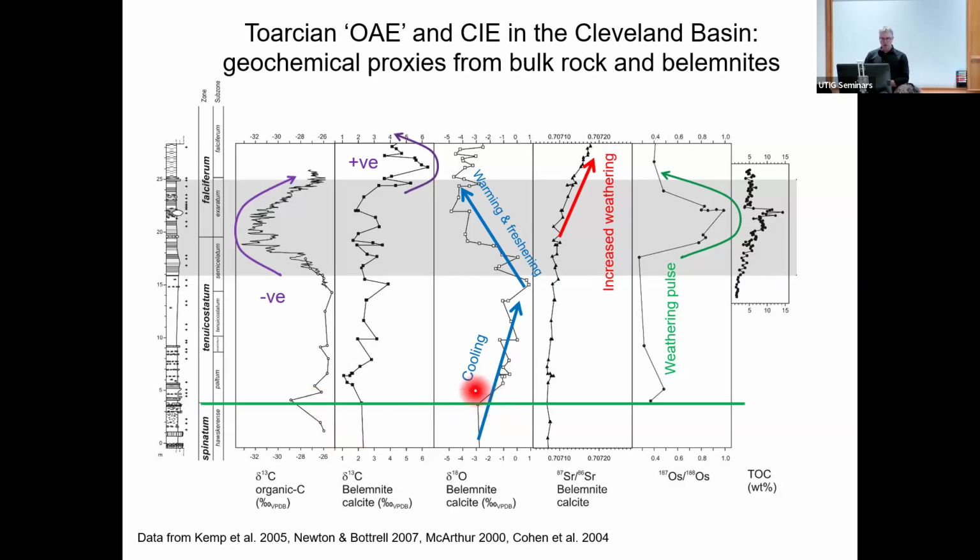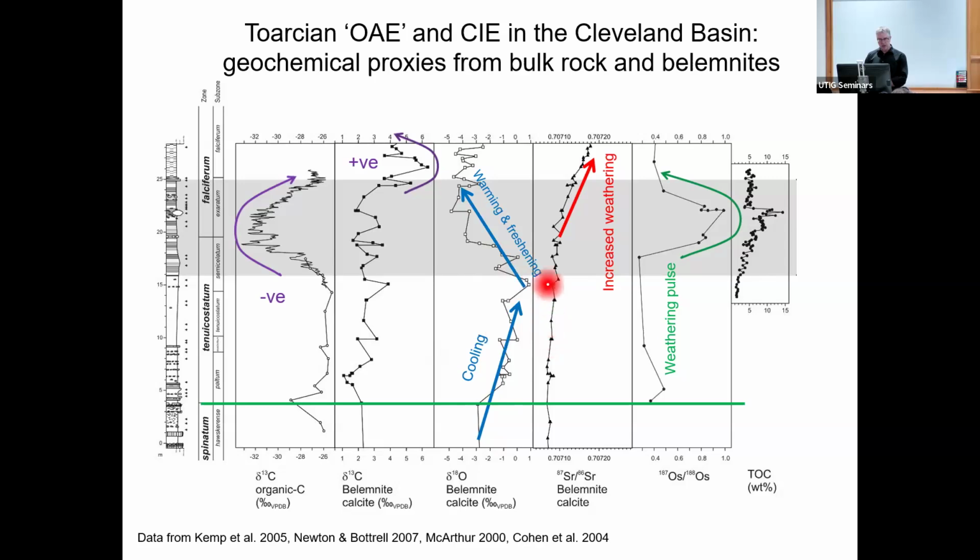So in terms of oxygen isotopes from belemnites, which are nektonic cephalopods, we see cooling from the late Pliensbachian time and into the tenuicostatum zone, and then a very rapid warming here during the falciferum zone, the time period of the carbon isotope excursion.